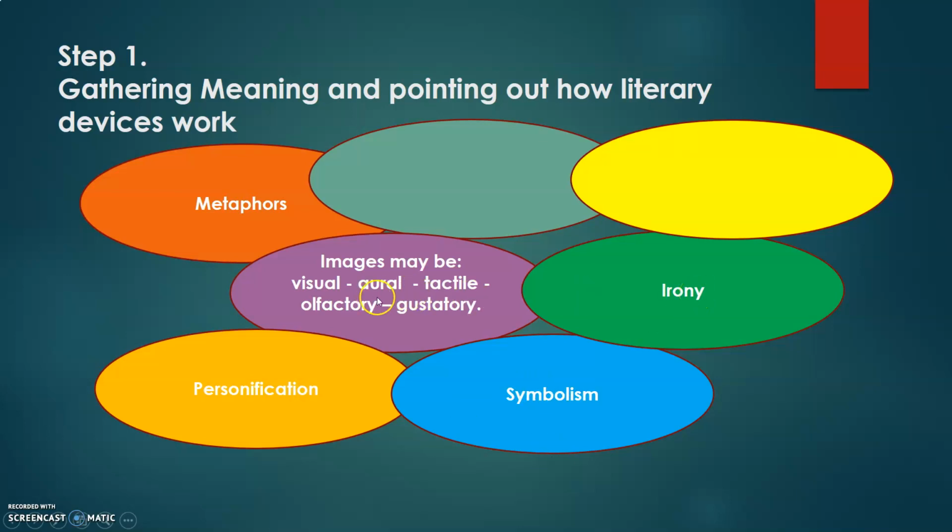You will notice that I have placed images in the middle here, and it's deliberately at a point where it intersects with other devices. Because if you're talking about metaphors, you may not be able to avoid speaking about images entirely. Maybe a little bit of it is involved when you work with metaphors.